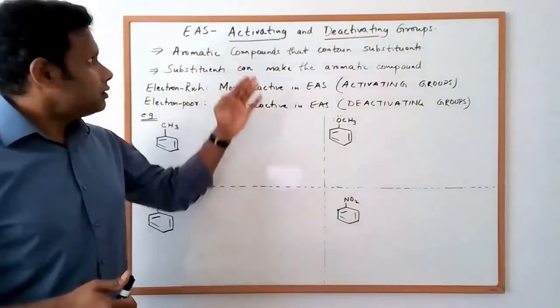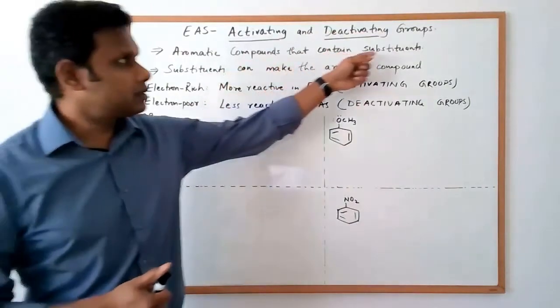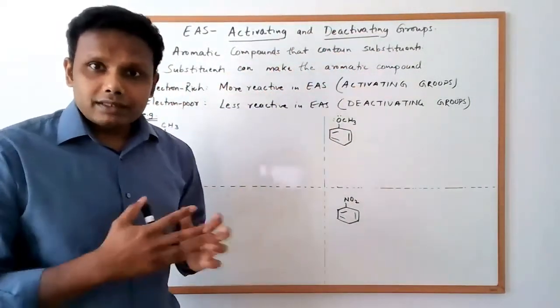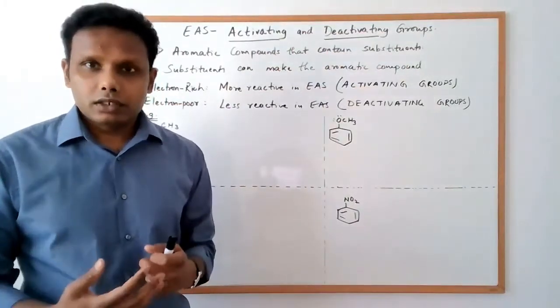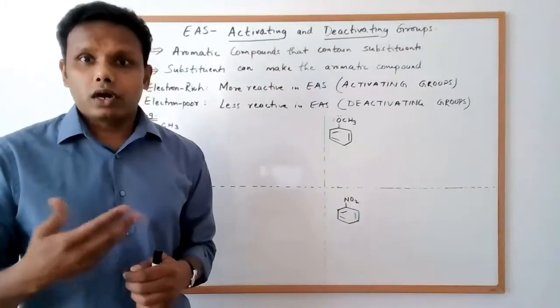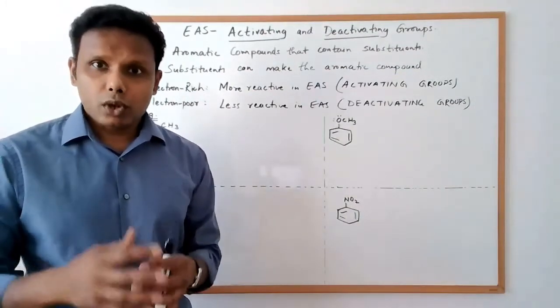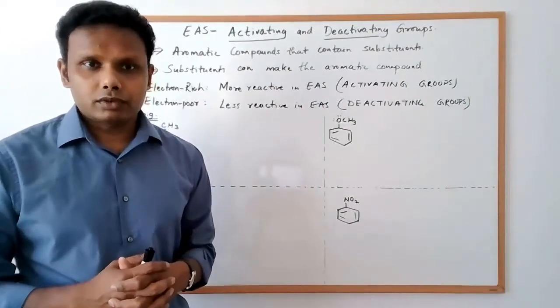As I mentioned, this applies to aromatic compounds that contain a substituent. Now, I'm using benzene-containing compounds as an example here, but whatever we learn here can be applied to other classes of aromatic compounds. It is not limited to benzene-containing aromatic compounds.